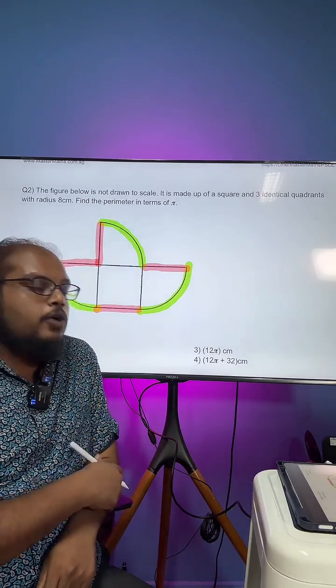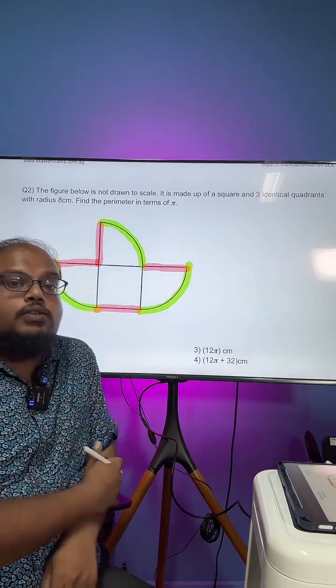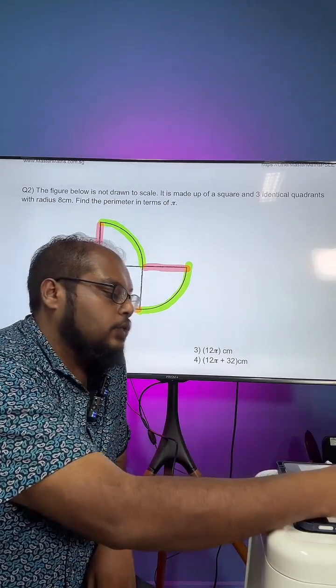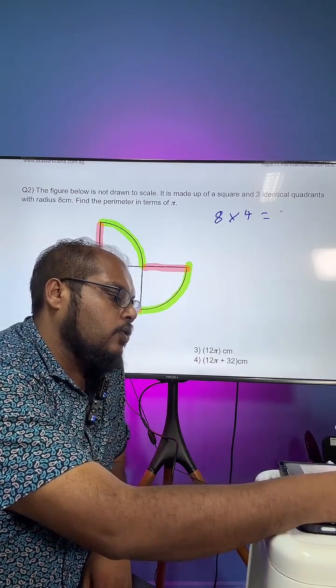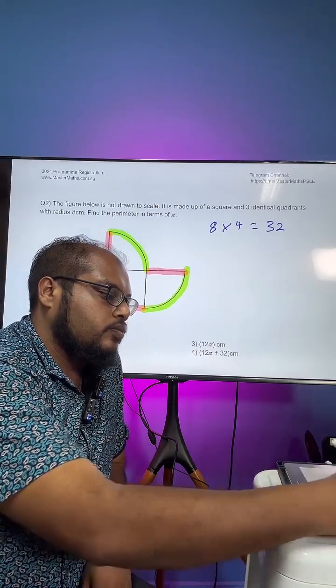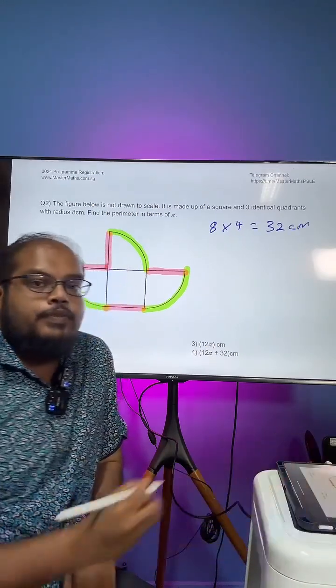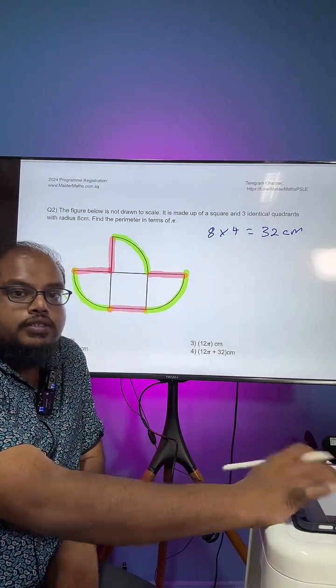Why is it 8 cm? Because the radius is 8 cm, and those straight lines are the radius of the quadrant. So there are 4, 8 times 4 is 32 cm. Now we talk about the quadrants.